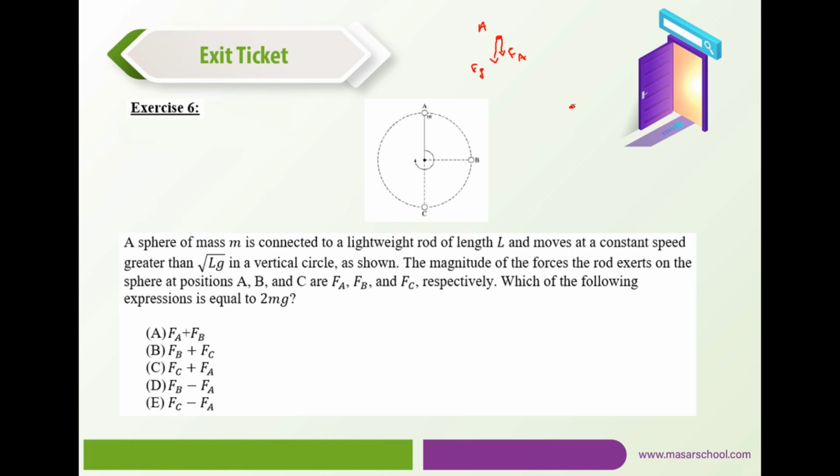Now at the point B, that would be the pull of gravity down, and the force Fb will be pointing toward the center, because it's similar to the tension force. And at the point C, we have the pull of gravity down, and we have Fc toward the center.